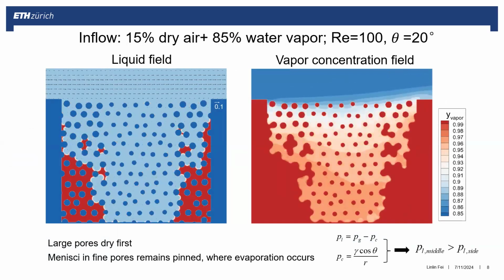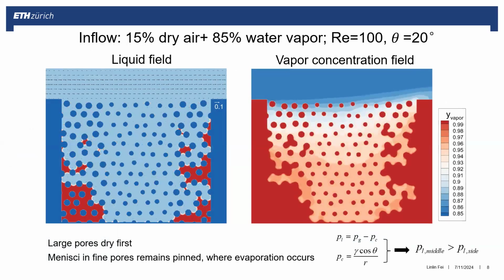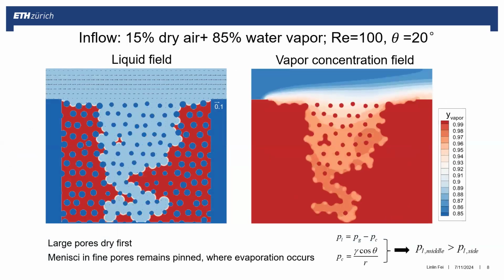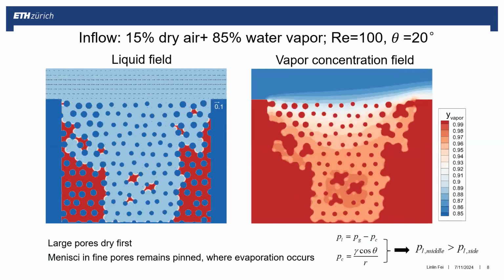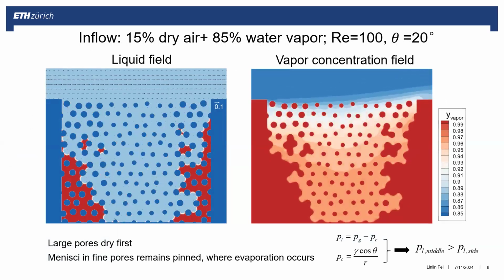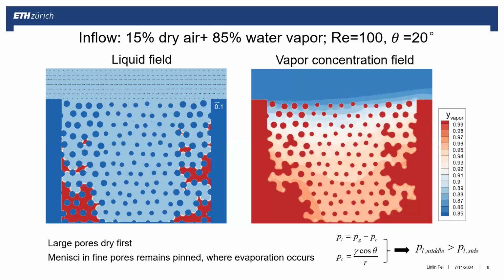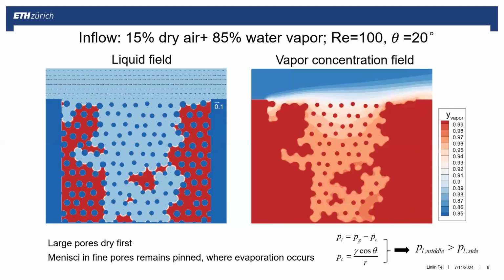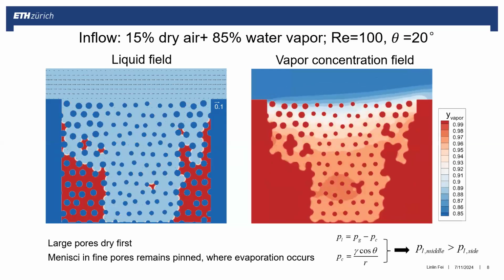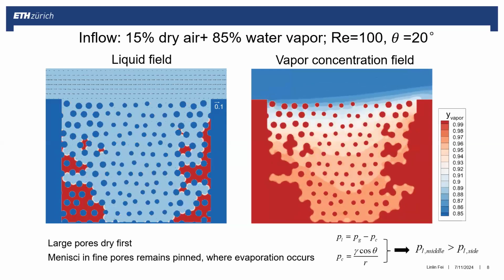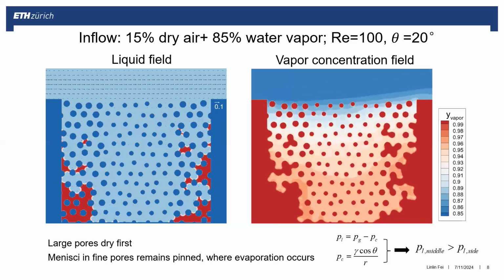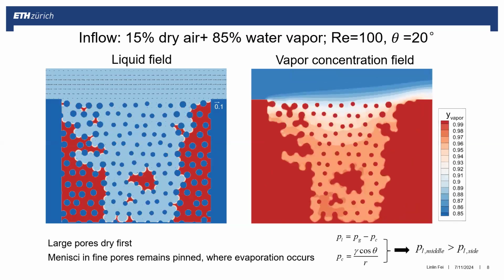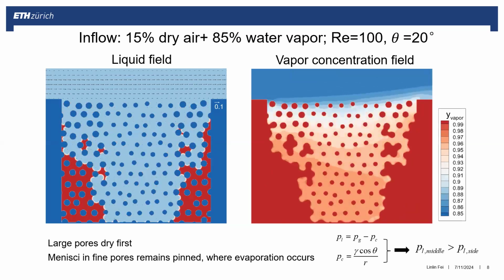And as you can see here, for the evaporation case, generally larger pores dry faster, which is induced by the so-called capillary pumping effect, because the larger pores have smaller capillary pressure. Therefore, if the gas pressure is constant, the liquid pressure in the middle larger pores is larger, and this pressure will pump the liquid to the smaller pores. Therefore, the liquid phase in the smaller pores is pinned for a long time.